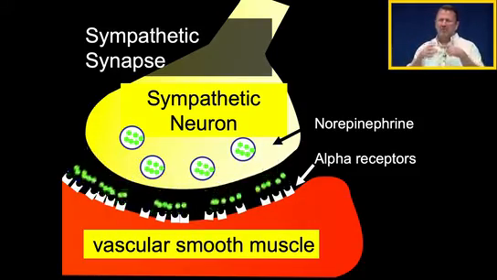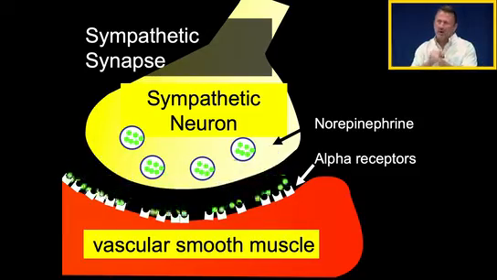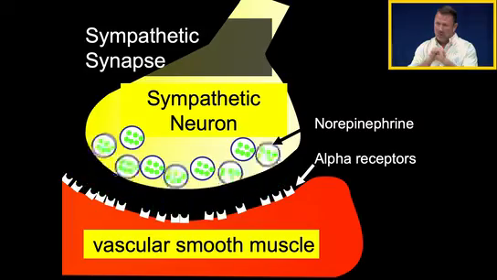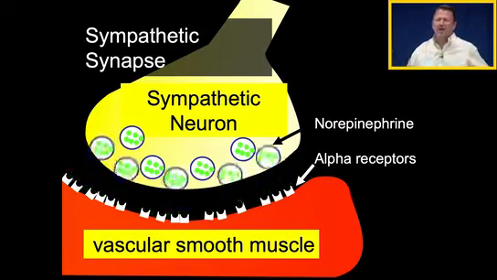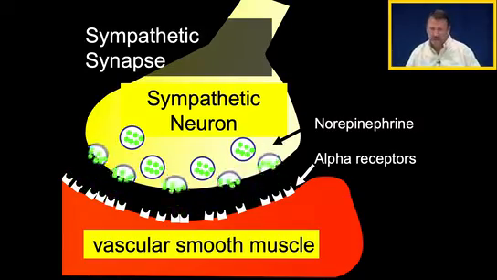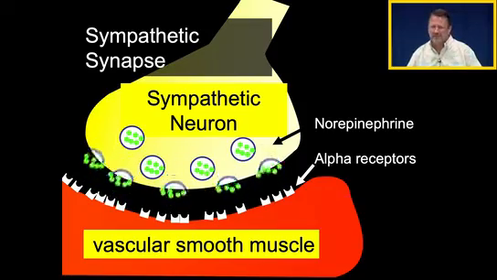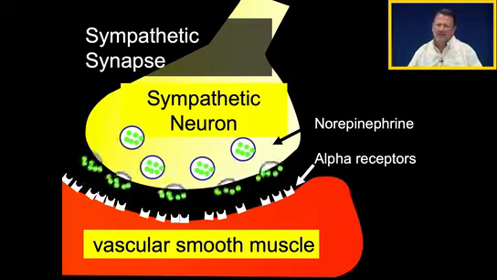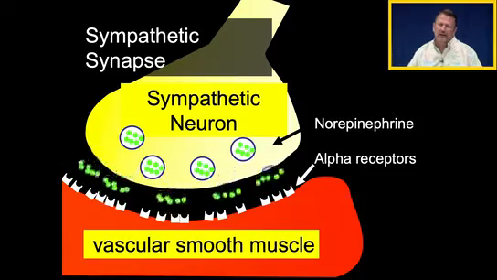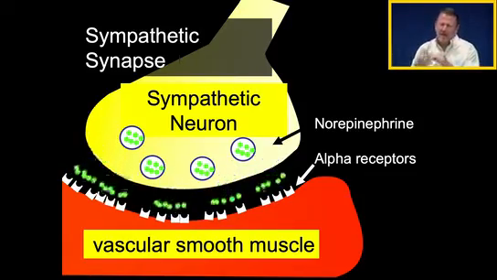Around the blood vessels is smooth muscle that squeezes, making the artery more narrow, pushing blood upwards, raising pressure. That smooth muscle is mediated by a sympathetic neuron that releases norepinephrine into the synapse, and it's alpha receptors that sense the norepinephrine, sense the catecholamine, and respond by tightening the muscles around the blood vessel, raising pressure.